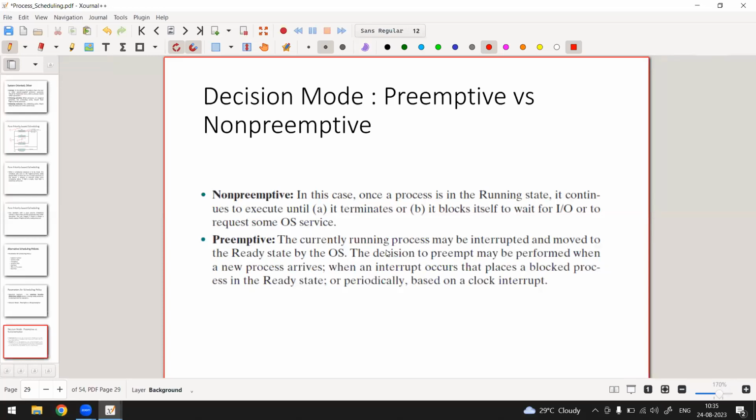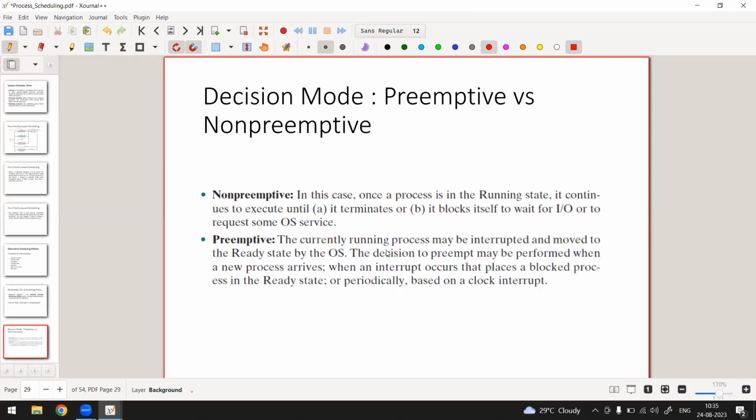Whereas in non-preemptive, once the process has started, it will complete its execution. It will not be stopped in between. But in case of preemptive, after a certain time duration, the process will be switched and it will be again put in the ready state. Okay.